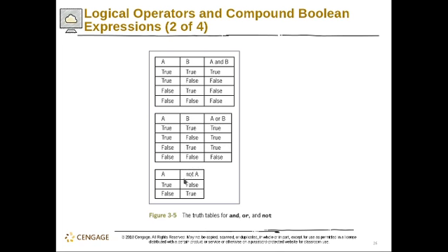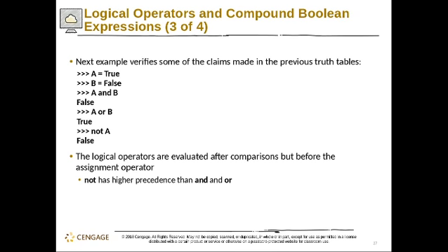When we say not the condition A, basically it's the opposite of the condition A. So if A is true, not A means it is false. If A is false, not A means it is true. So those are your true, and, or, and the not expressions for Boolean operations.